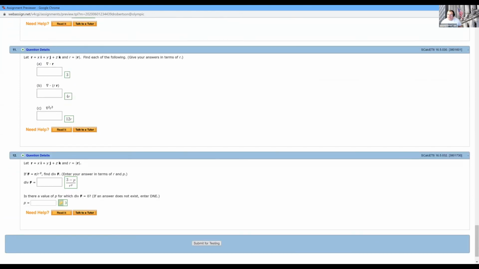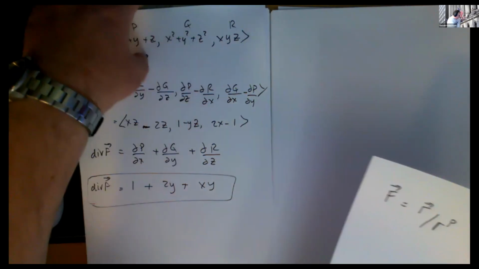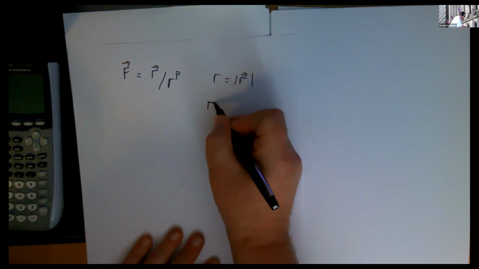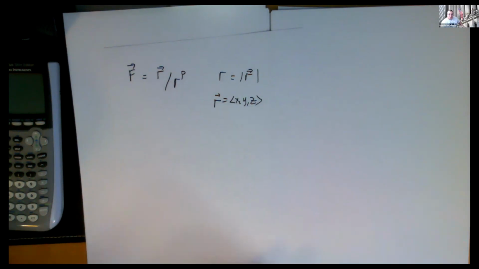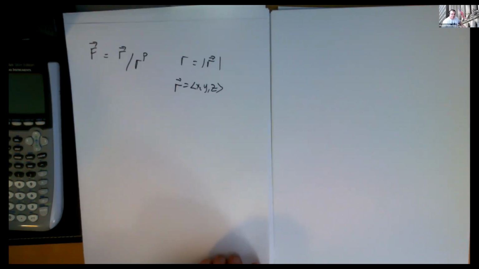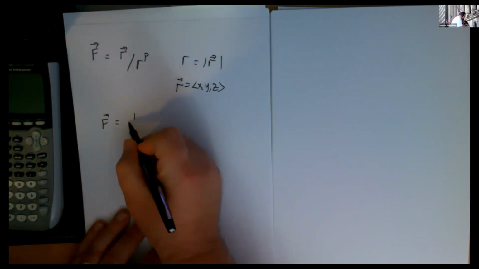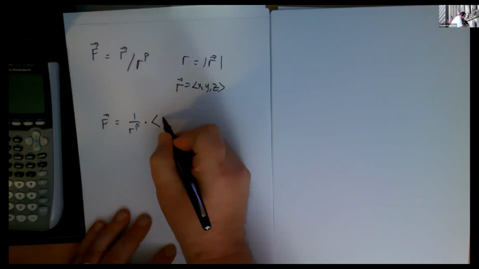Anyway, let's kick out of this and show you that question. That'll probably be the last one we have time for today. So the gist of our question was to find the div of this fella. The vector r is a position vector. So anytime you see the vector r and nothing else going on, it means you've got that guy. Now, our vector function f is essentially 1 over r to the p times r.